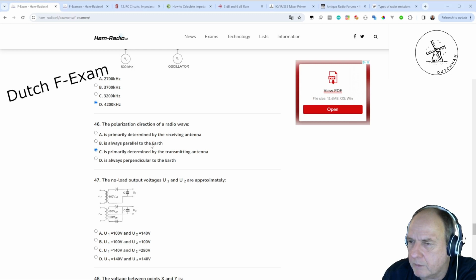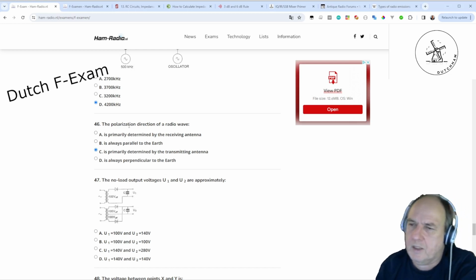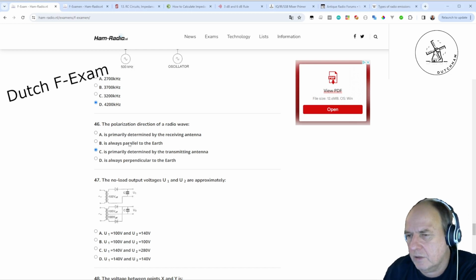And it's always parallel to the Earth is also not true, because for HF, after a skywave reflects from one of the layers, the polarization can be completely different from the originating polarization. It's also not always perpendicular to the Earth. That's also not true. So I go for answer C.